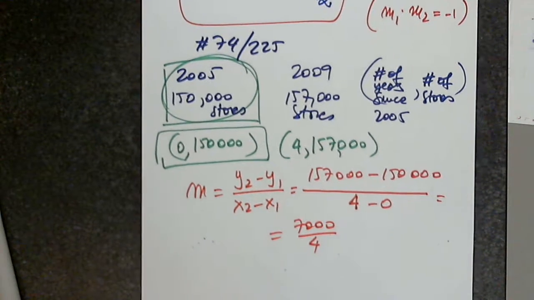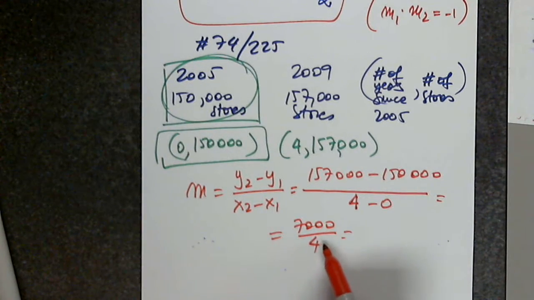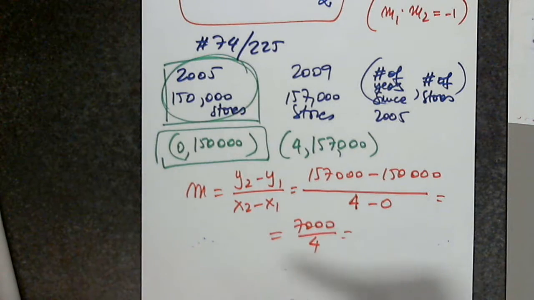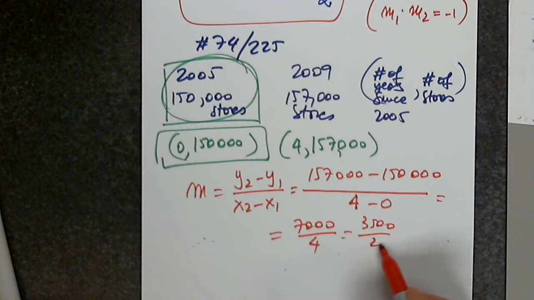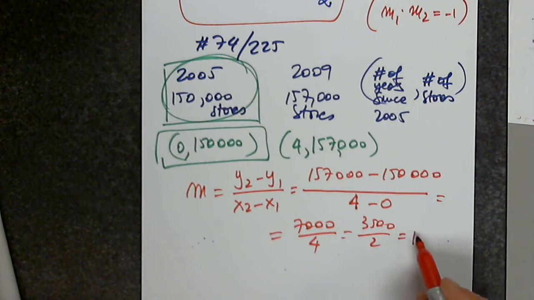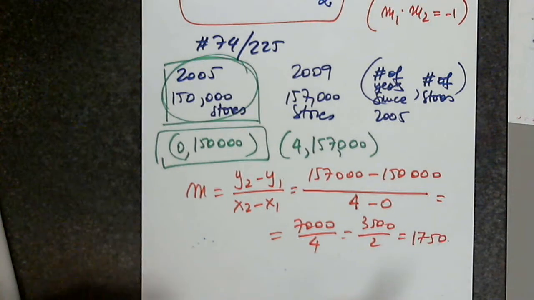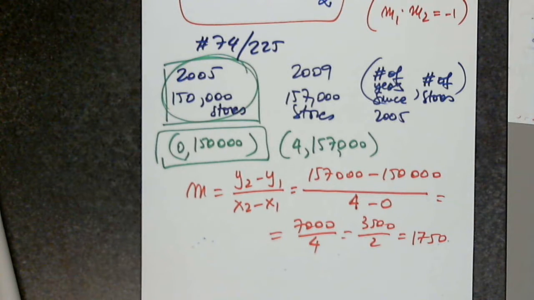Divided by 4. So if I divide by 2 first, because it's easier for me, or you can use a calculator, it's 3,500 divided by 2. So then I have 1750. 1750 means nothing without what?